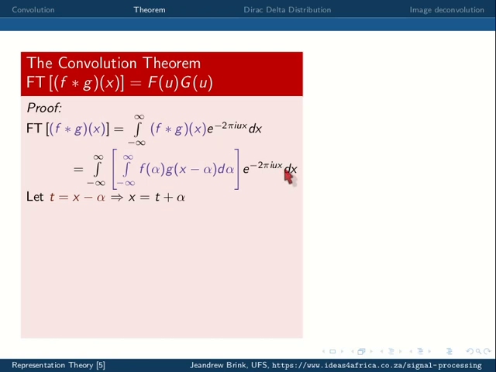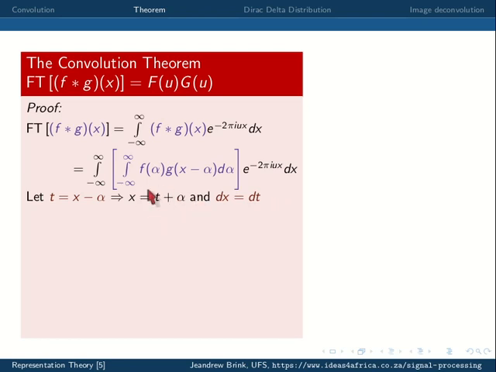And that's actually a bonus because it gives us an alpha in an exponent that we were missing to make this thing a Fourier transform. So we've let t be x minus alpha, and that immediately means we replace x up here with t plus alpha. The other place where x appears is this dx. We've got to work out what that is, but that's easy because dx is simply dt.